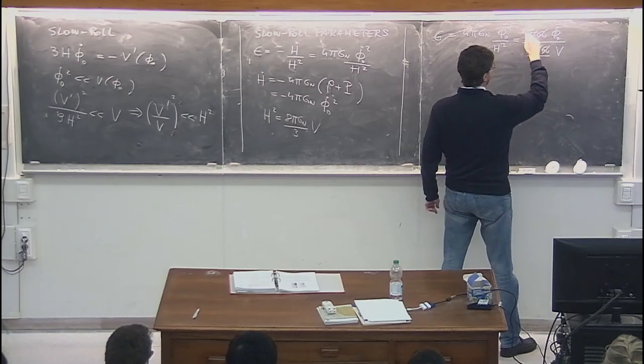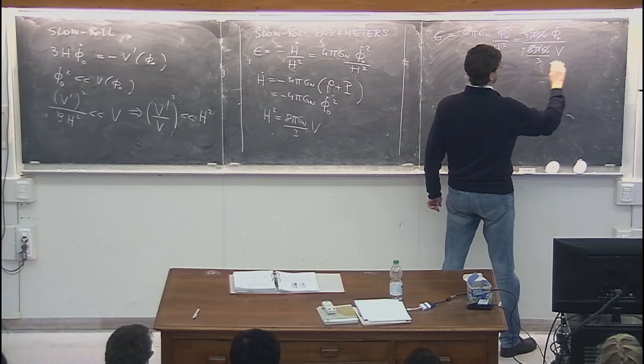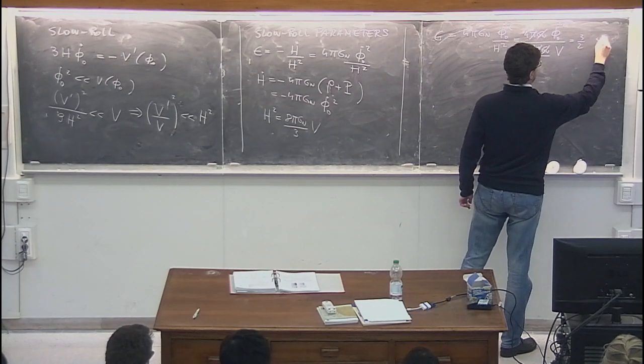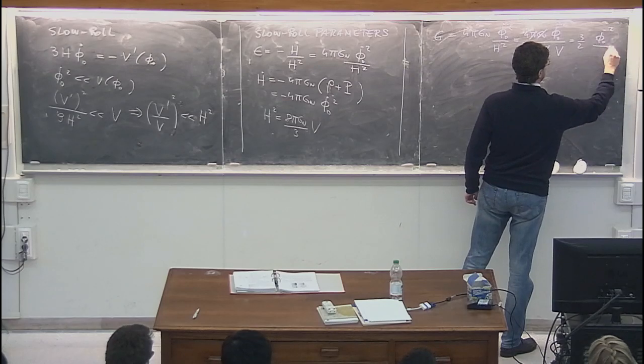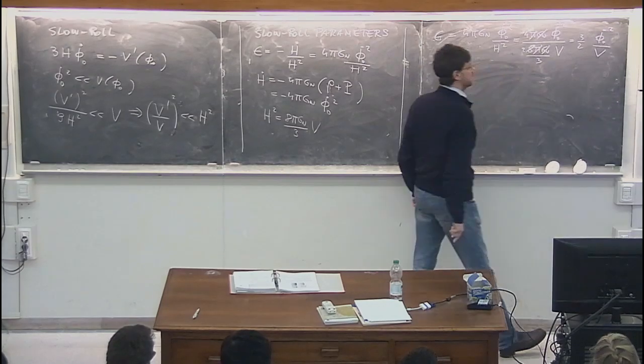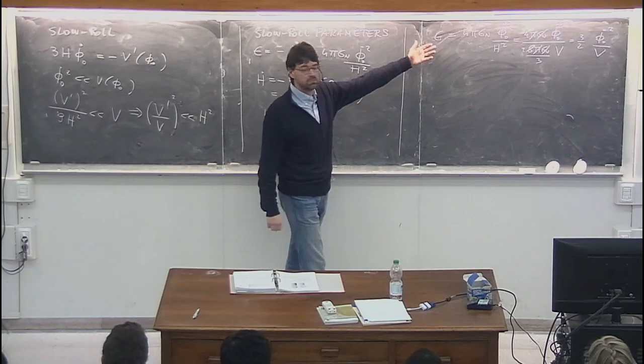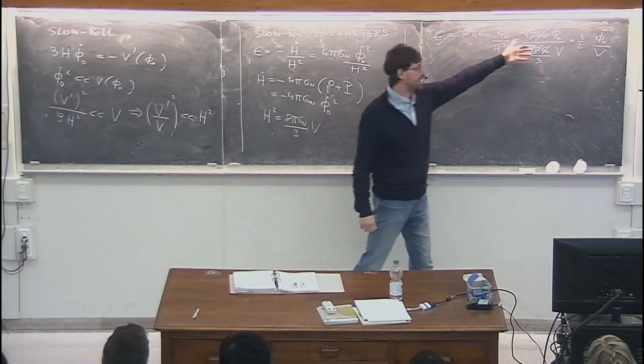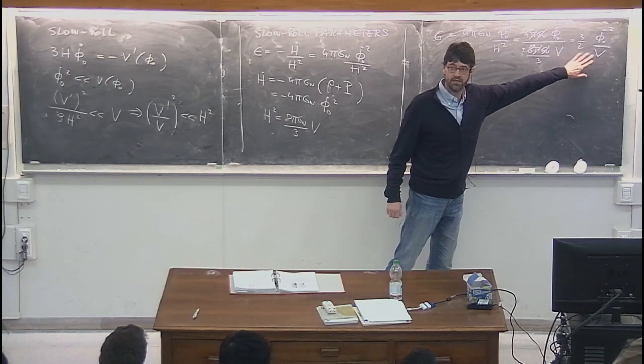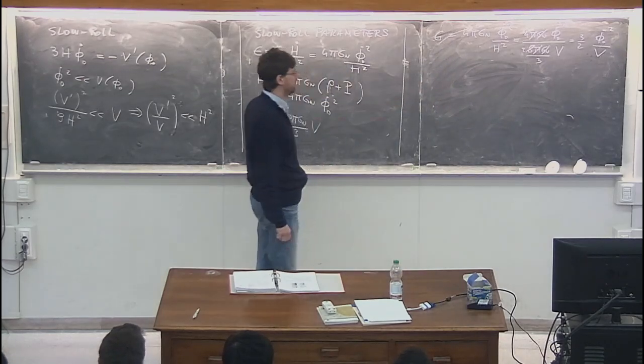I have a factor of 2 here, so I have 3/2 phi dot square divided by V. So you see this epsilon is the parameter that, if it is small, tells you that the kinetic energy is smaller than the potential. So it's a good parameter to work with.